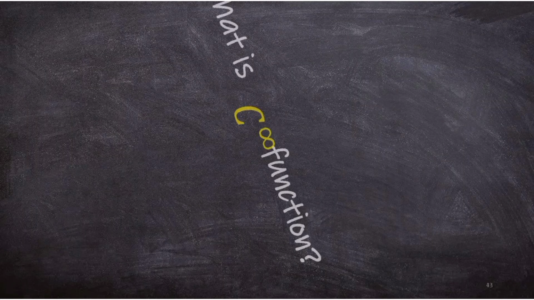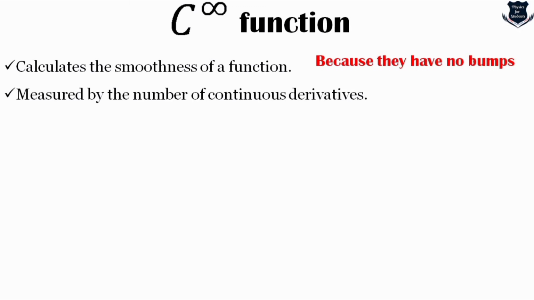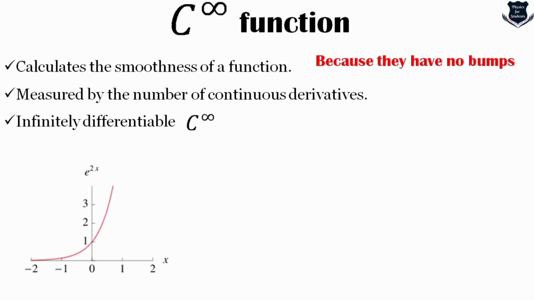We come to the very last part, which will just take a few minutes, to explain what a C infinity function is. A C infinity function measures the smoothness of a function, because it has no bumps, measured by the number of continuous derivatives. Infinitely differentiable is called C infinity.